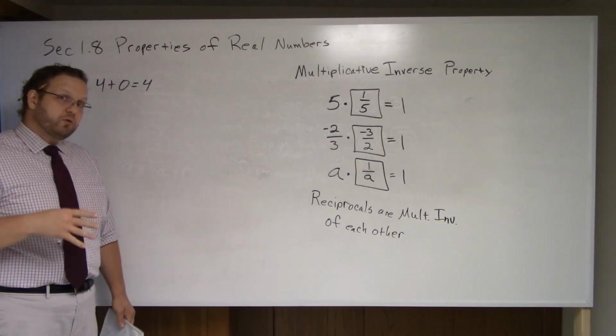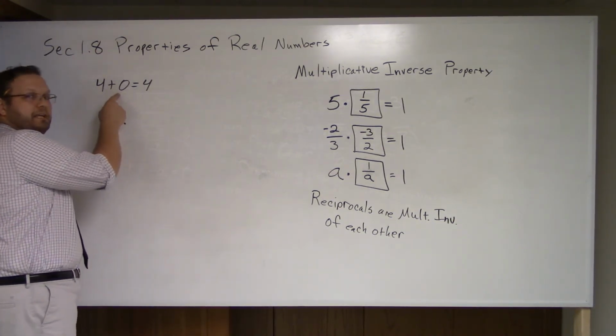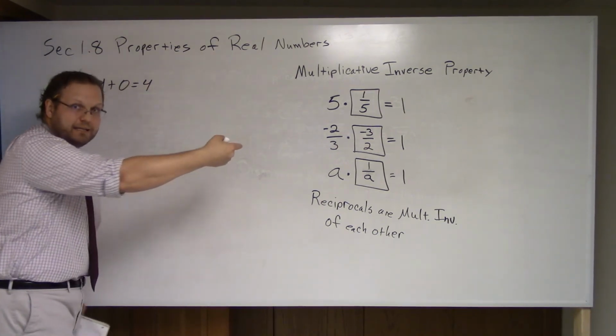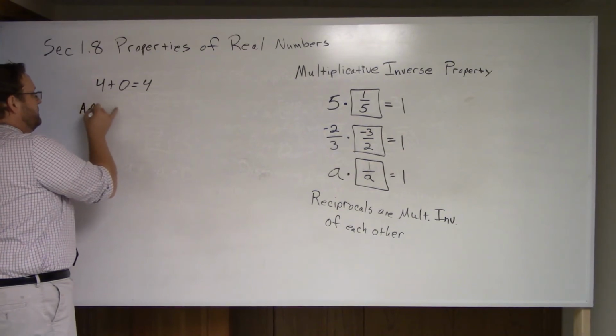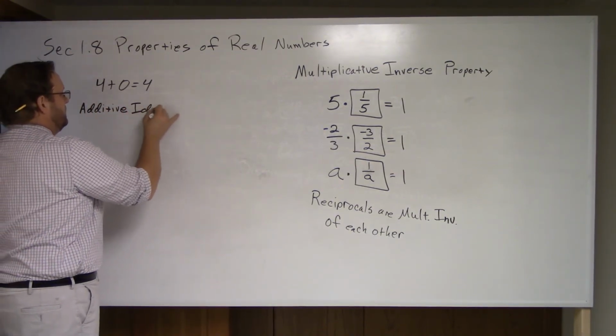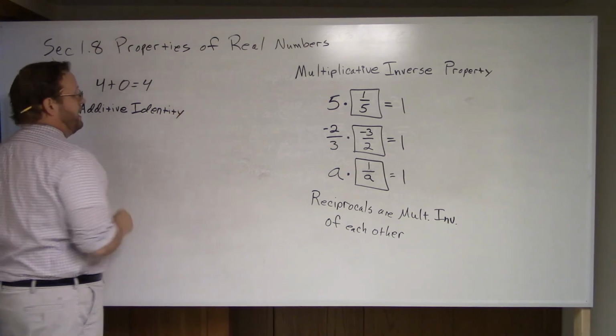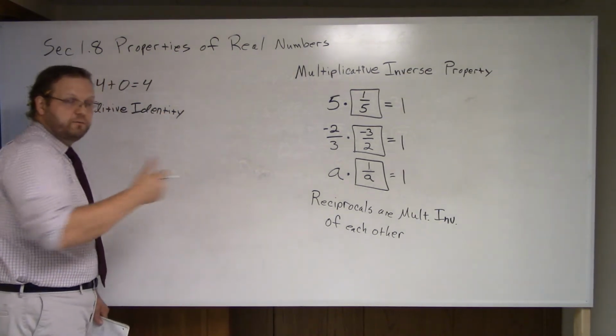They both utilize that 0, except here we're actually adding with the 0 as opposed to getting the 0 at the end. So this would be the additive identity property, because we're using the 0 to get the identical 4 at the end.